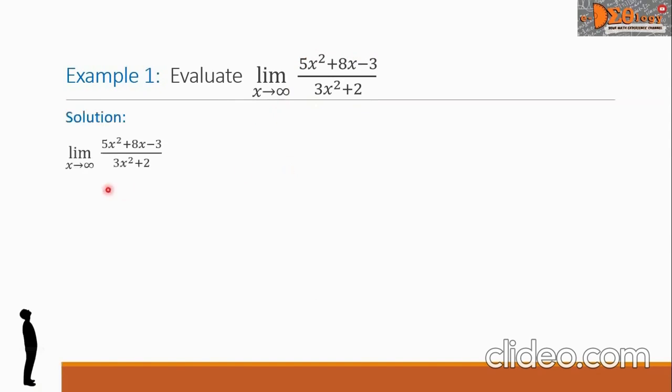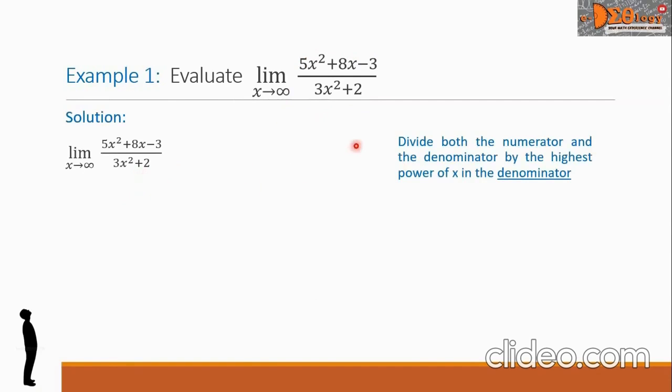Let us copy again this problem down here, and as the rule says, we're going to divide both the numerator and the denominator by the highest power of x in the denominator. We can see here that the highest power in the denominator is x squared. It means we're going to divide each term of the numerator and the denominator by x squared.